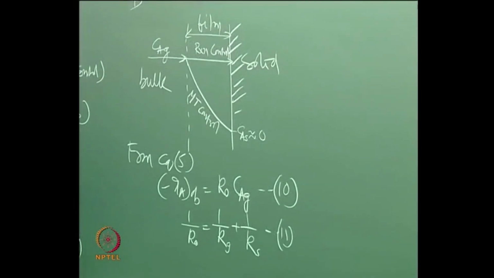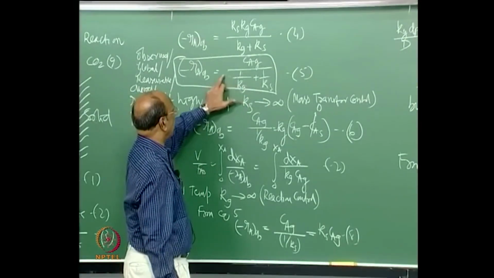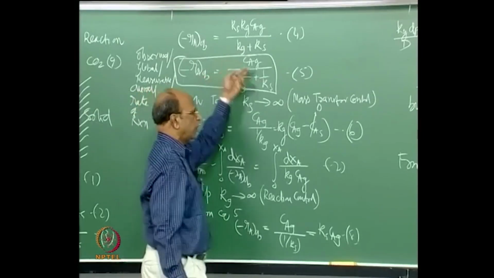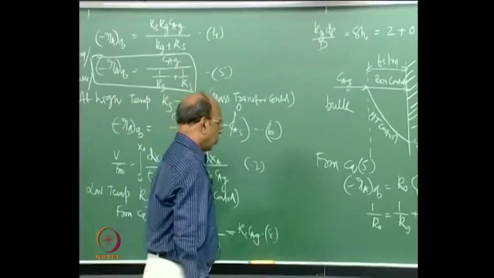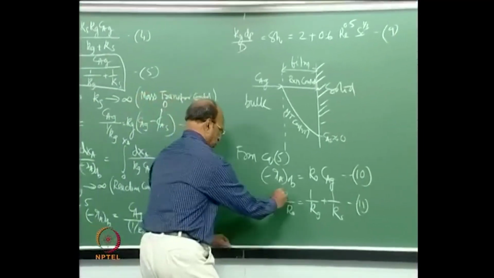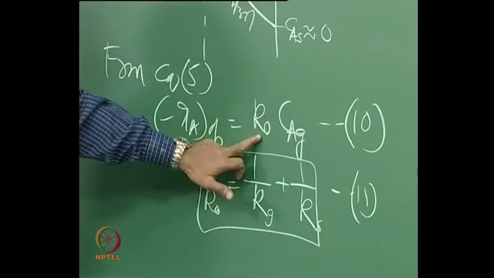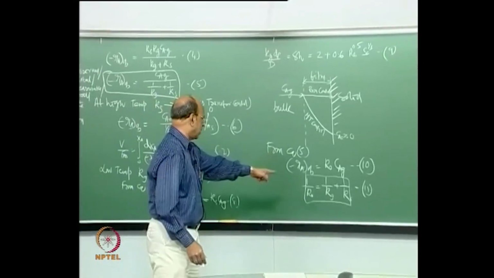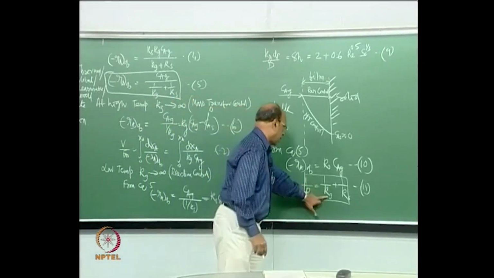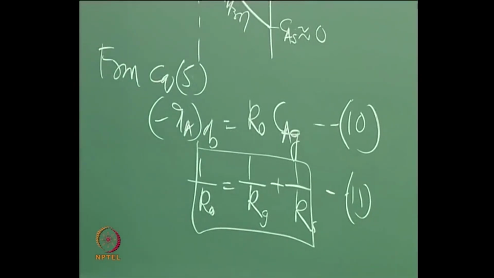This one I have written as 1 by K naught, which will go to the top, and then this is K naught. Good. So, this is the equation what you have actually, and you think that this is simply K naught, which is some constant, but this K naught has mass transfer coefficient and reaction rate constant also.